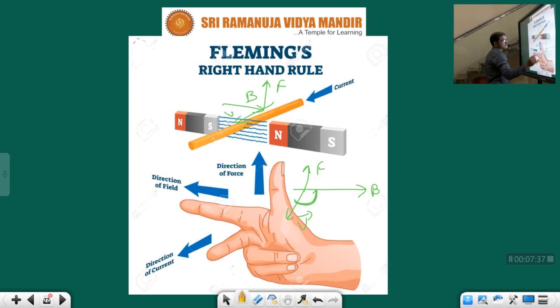Thumb indicating force, Fleming's right hand rule, right hand. I explained the left hand earlier, now it is the right hand. Thumb indicates direction of force, forefinger indicates direction of current, middle finger indicates direction of magnetic field. Clear?